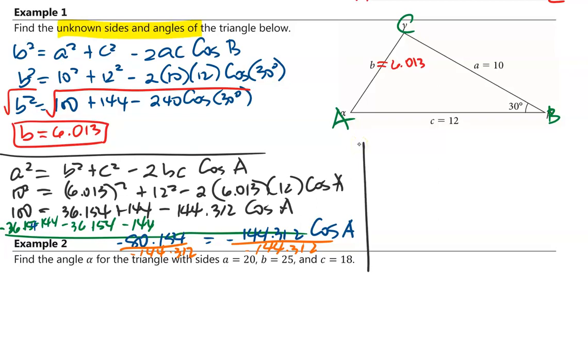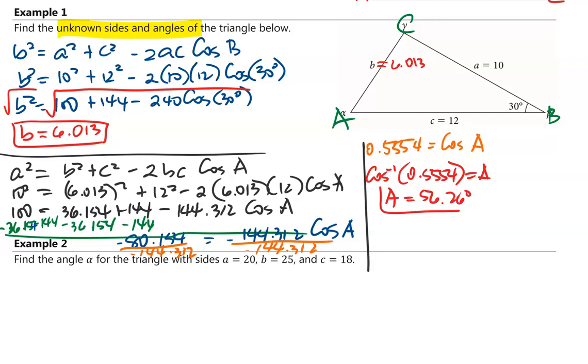So that's going to be 0.5554 equal to cosine of angle A. To solve for angle A, take the inverse cosine of both sides, and it is equal to 56.26 degrees.